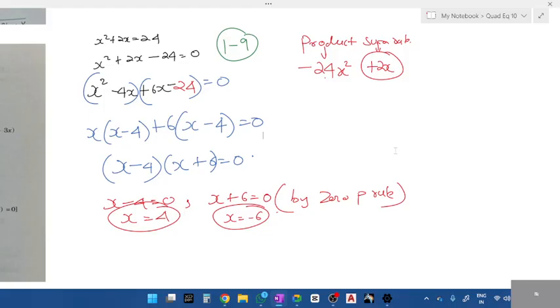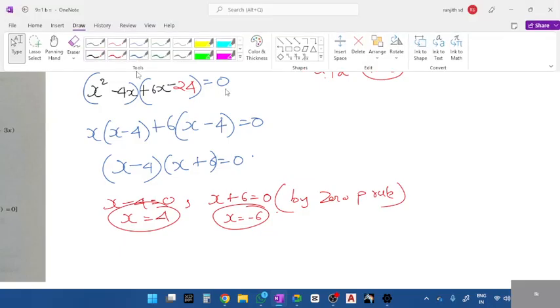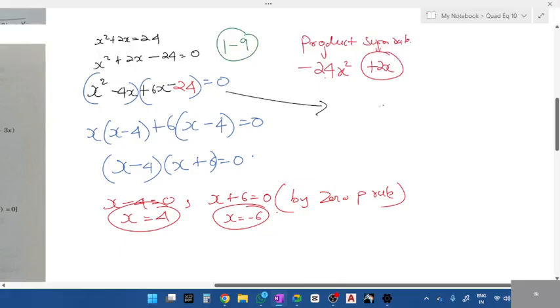Yes, students, done? Completed? Okay, middle term. And one more thing, this middle term, you can even write it like this. You'll get the same answer. You could have even written plus 6x first, minus 4x minus 24.